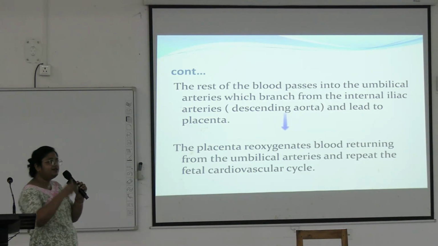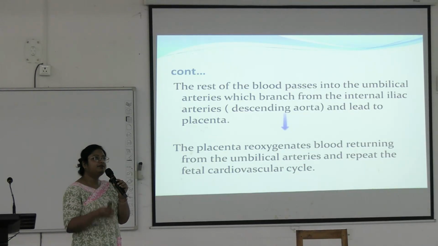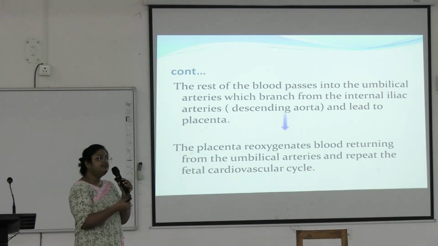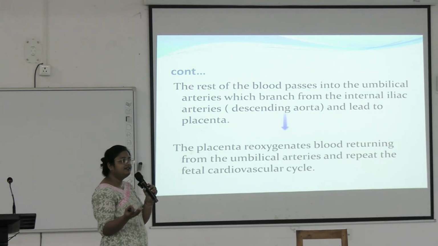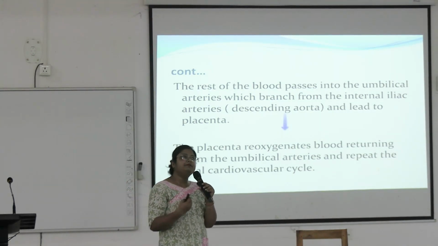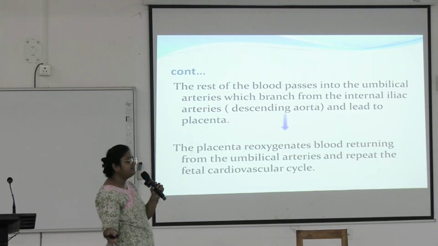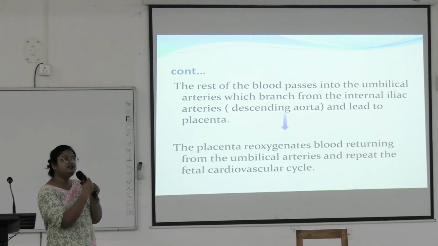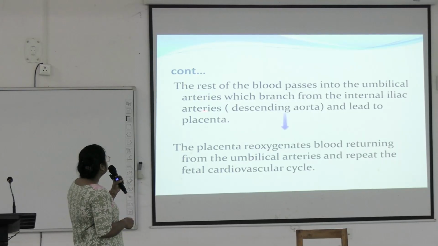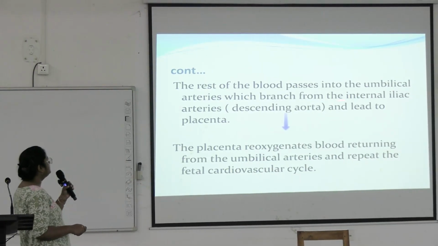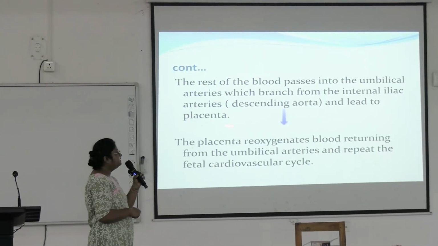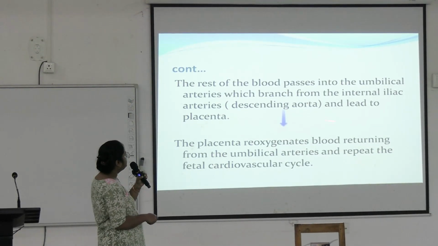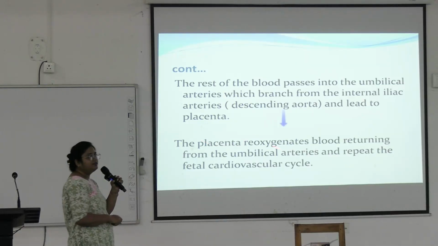It is going downwards through the descending thoracic aorta and then the abdominal aorta, then towards the iliac branches, and from the internal iliac arteries arise the umbilical arteries, and blood will return by the umbilical arteries to the placenta. The umbilical arteries branch from the internal iliac arteries, branches of the descending aorta, and lead to the placenta.